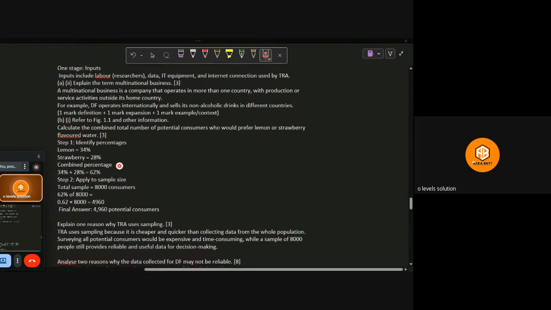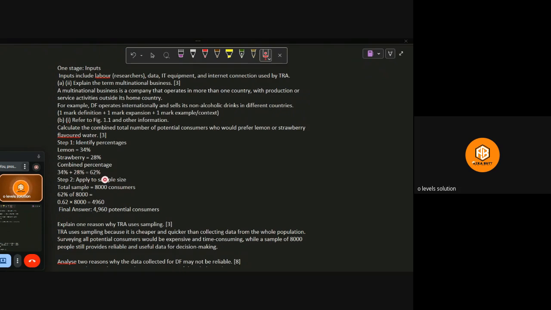In the next question, they are saying refer to figure 1.1, the pie chart and other information, and calculate the combined total number of potential consumers who would prefer lemon or strawberry. It's too easy. The people who want the lemon flavor are 34%. Strawberry was 28%. So the combined percentage, 34 plus 28, is 62%.